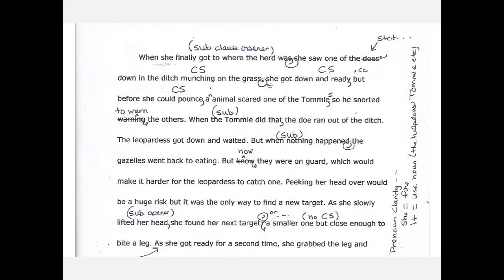She got down. Oh, she has another run on. Okay, so she saw one of the does down the ditch munching on the grass. She got down and ready. Okay, so that's 2 sentences joined together, or 2 sentences that are running into each other, right? A run on. So I don't recommend creating a compound sentence there.